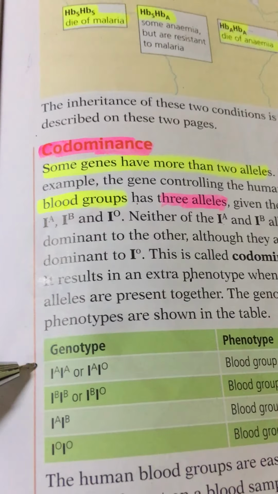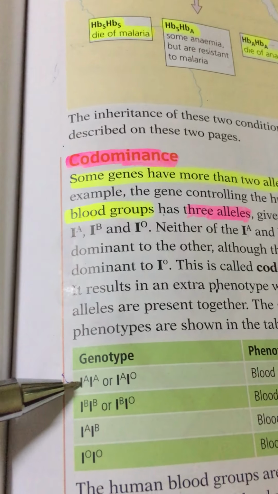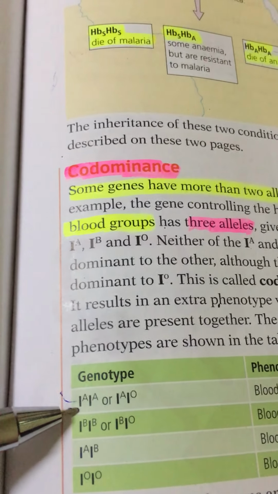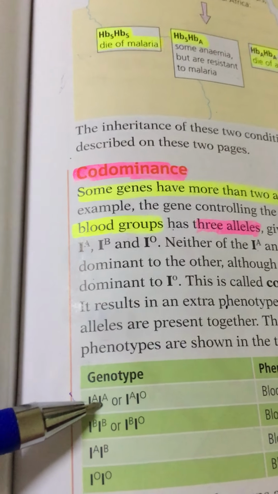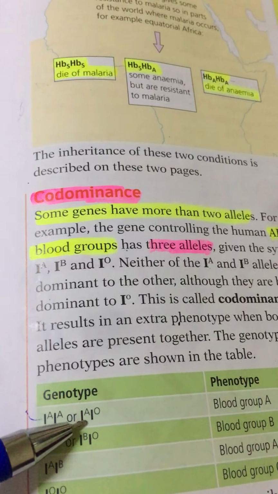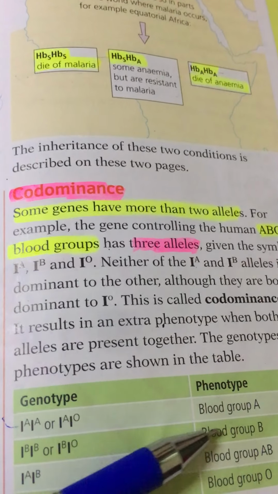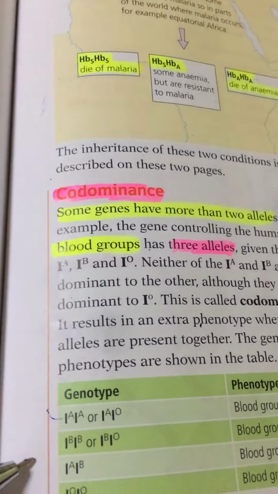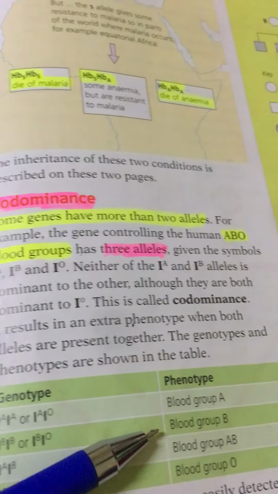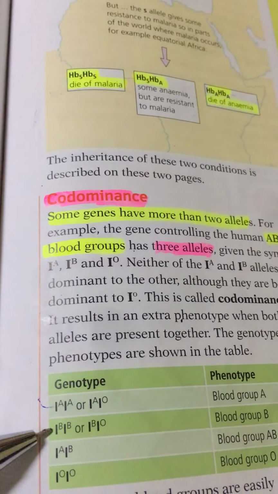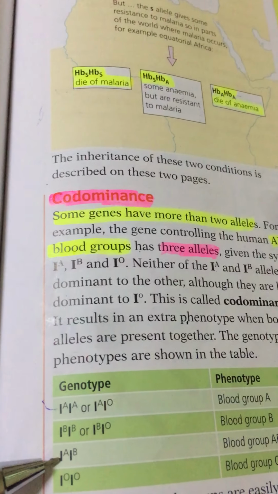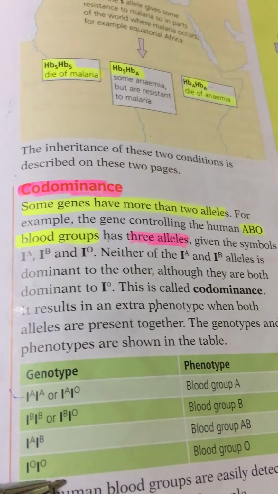If you look at the genotype, if we have two gametes of IA capital, we are in group A, or one gamete of IA capital, so also we are in group A. If we have two IB capital, or one IB capital, we are in group B. And for group AB, we have to have the codominant alleles, IA capital and IB capital.